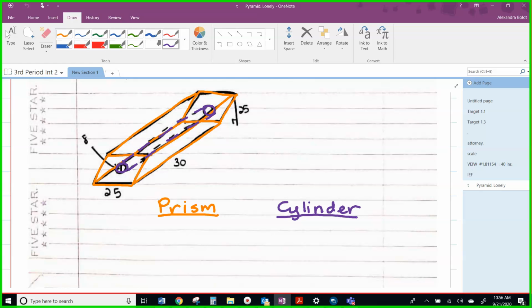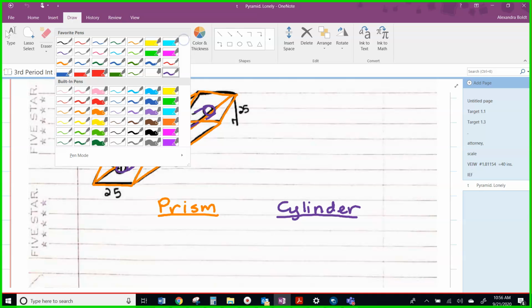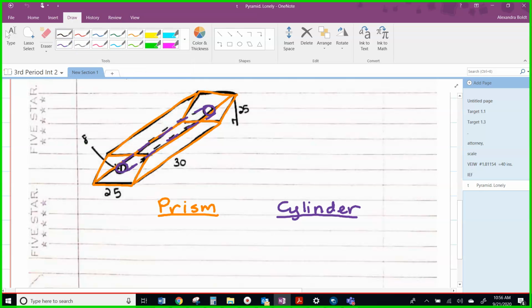Okay, so again, we're going to start by finding our volumes separately. So, volume formula for a prism, well, it's a rectangle connected to another rectangle. There's no point, so there's no 1/3, right? On a rectangle it is length times width, and then times our height. So our length will come from here, that's 25.